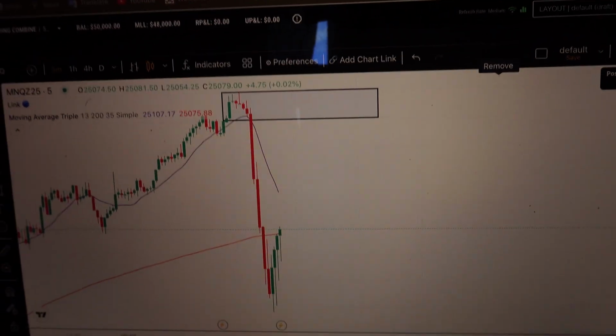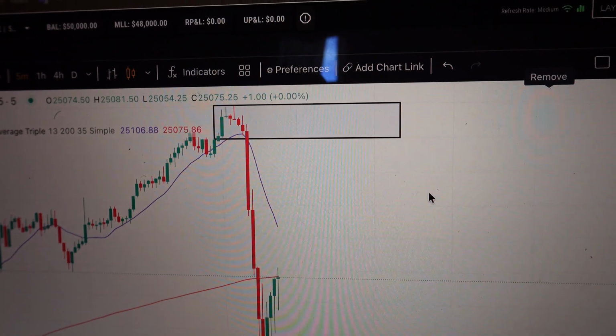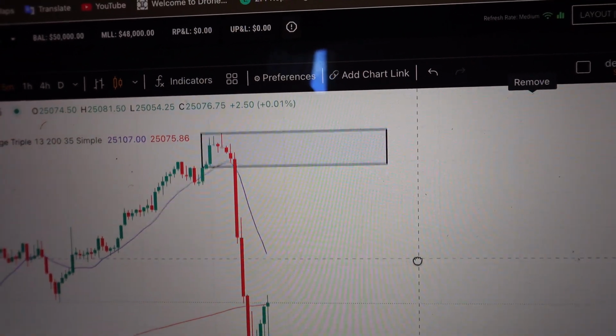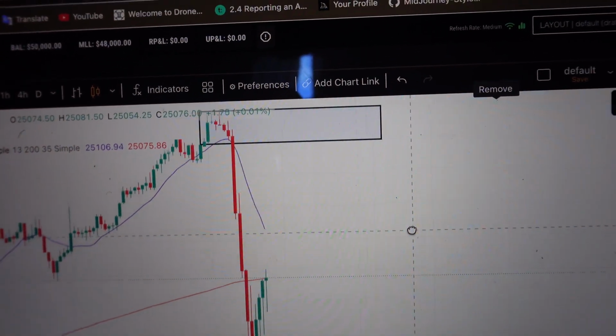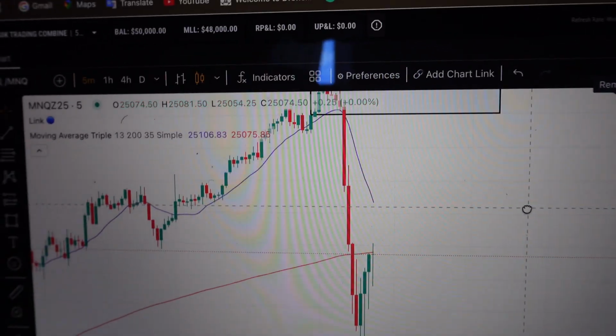Same thing on my TopStep. Same exact structure. This is my combine. Like I said before, I'm trying to do my combine and my live account at the same time.